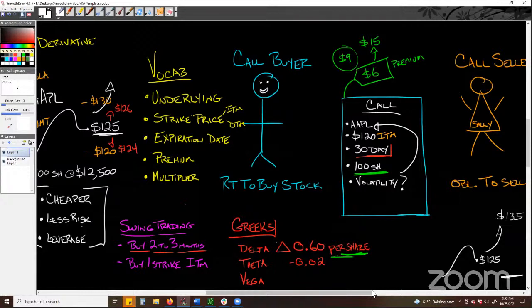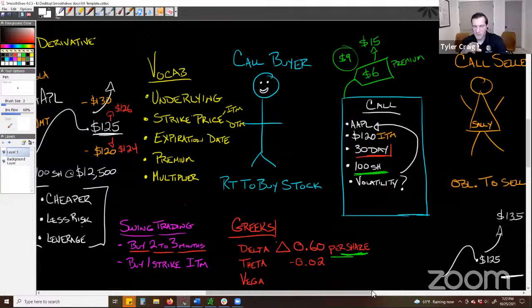Think about this as a wholesale transaction in real estate. In a wholesale transaction, can the buyer and the seller of the contract both make money and both be perfectly satisfied with the transaction? Yes. Because think about what a wholesale contract is.